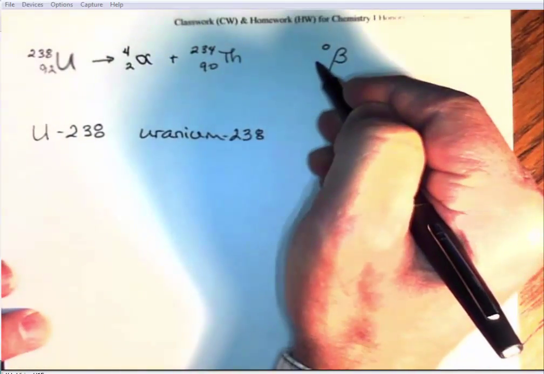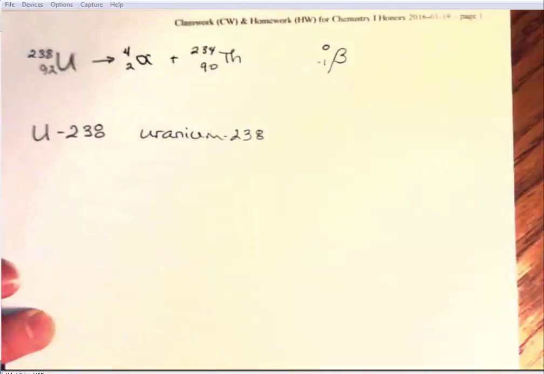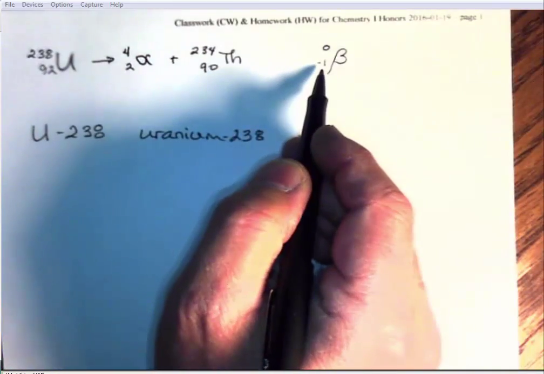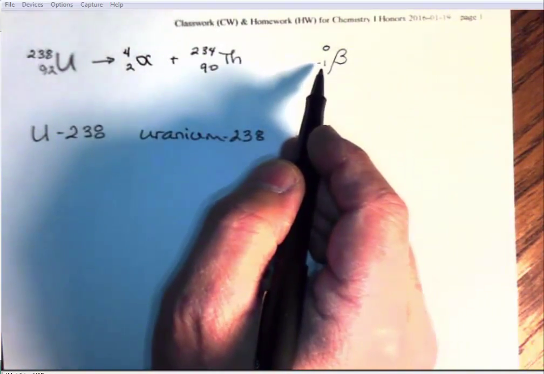So to make that math work out, we're going to say this is a -1 atomic number. Now, just for the record, there is no such thing as a -1 atomic number, okay? Atomic numbers are the number of protons, and you can't have a negative proton, all right? So it's not real, okay? And we're dealing in the world of reality with chemistry, okay? But this is just making the math easier, okay? That's one of the symbols you need to know.